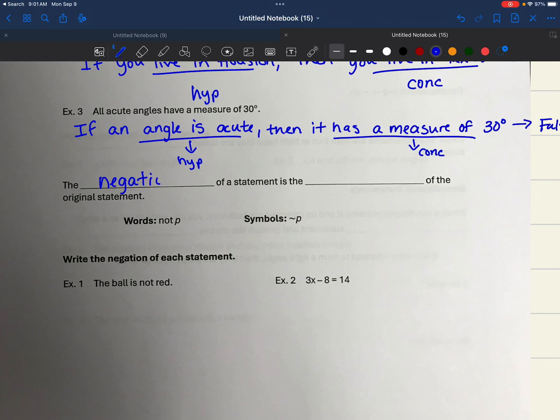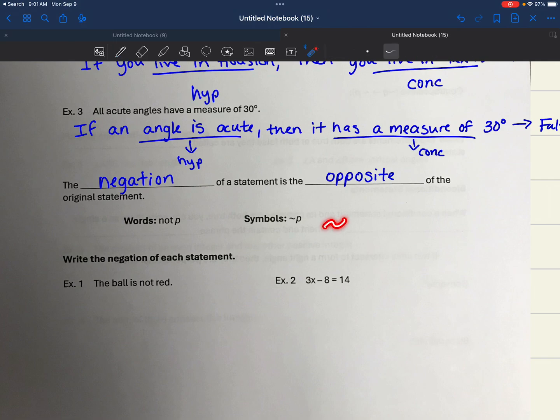All right, second part we're going to talk about is negation. A negation of a statement is the what? Anybody have an idea? Opposite, yes. So negation of a statement is the opposite of the original statement, right?